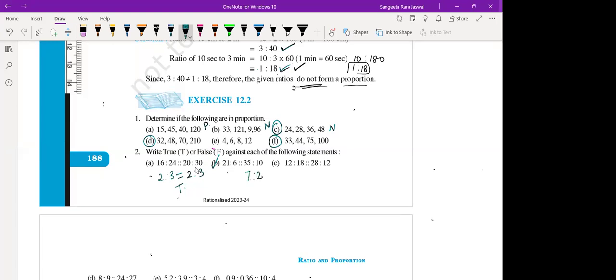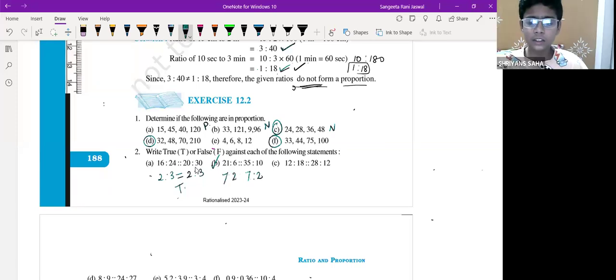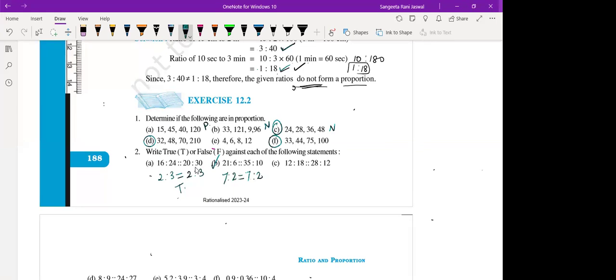And this one is 3 3s are 9, 3 7s are 21, so 3 is to 7. These two are equal, so it's true, beta. Okay, Adya? Yes, ma'am. Okay, Neha, you tell me the C bit. Ma'am, false. C bit is false.